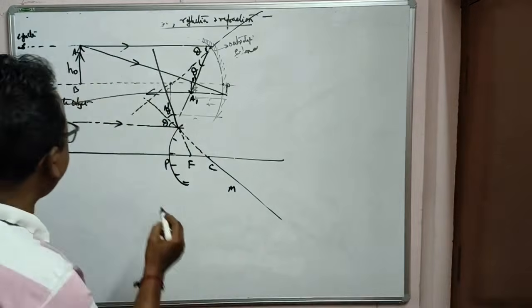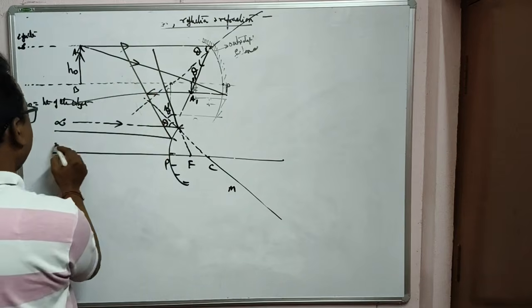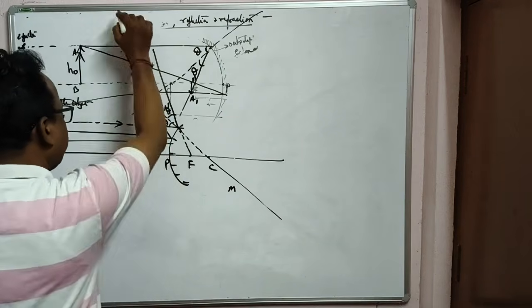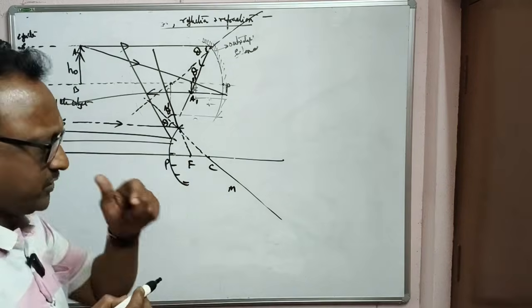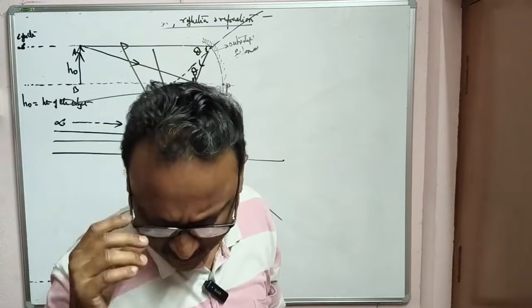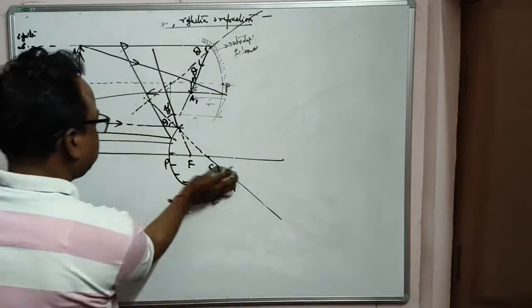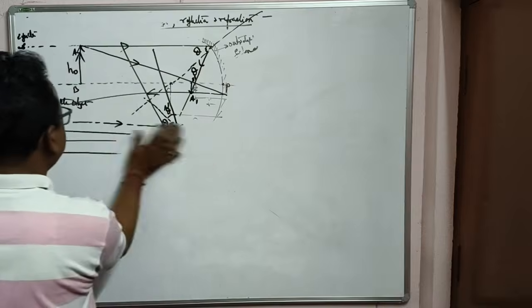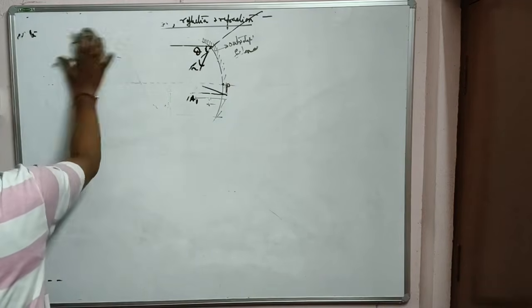So like that you can take any number of parallel lights, diverges, parallel, diverges. All these will meet at this point at focus. So here virtual image is formed in the case of convex mirror. Clear? Right. So these things are very much important for the numericals when you solve.